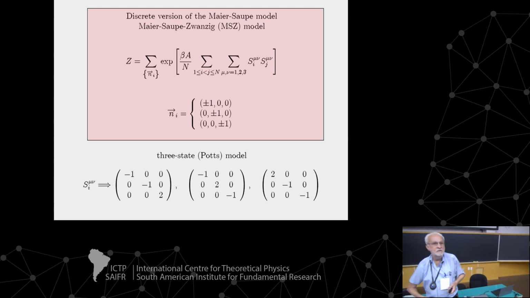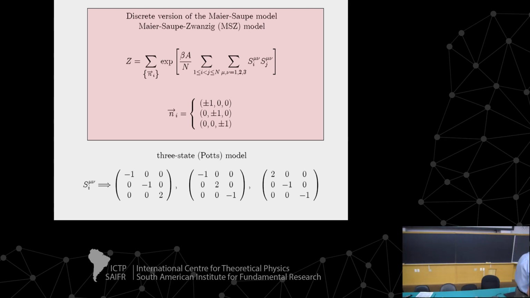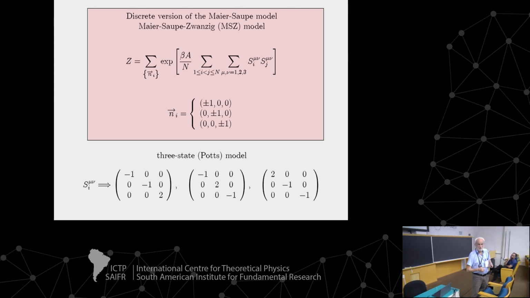That's a tribute to a great physicist in statistical mechanics, Robert Zwanzig. Because Zwanzig did this kind of calculation to try to calculate the virial coefficients of a gas of hard rod molecules. He tried to calculate those coefficients by assuming that the hard cylinders of this gas of particles were pointing along 3 directions only.